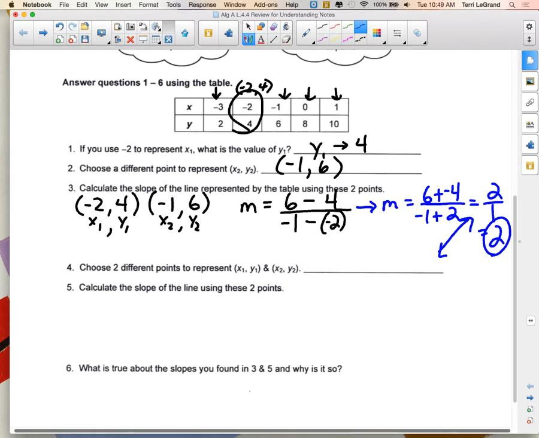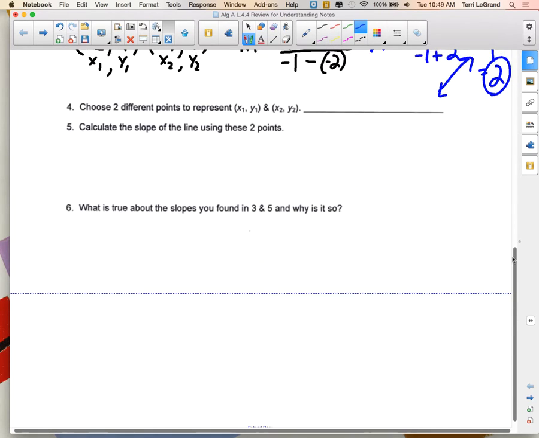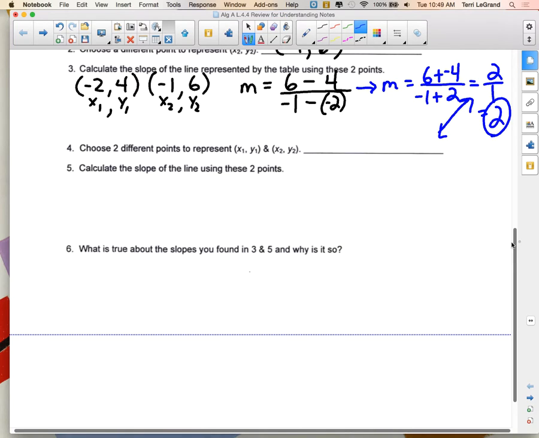Okay, now it's saying choose 2 different points to represent x sub 1, y sub 1. So we can't use either of those. So somebody make a call for our first one. What do you want our x sub 1, y sub 1 to be? Okay, negative 3, 2. Okay, Andrew, you got to call the first one. What's the other one? 0, 8.